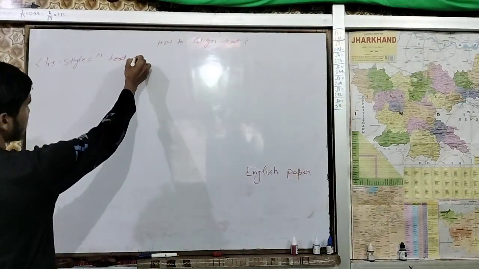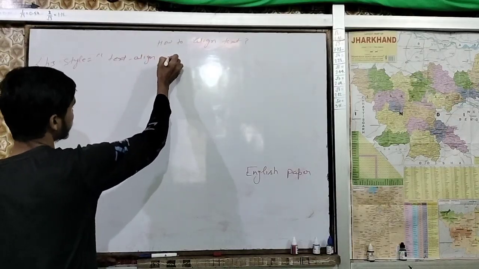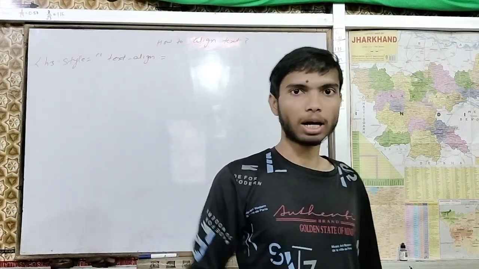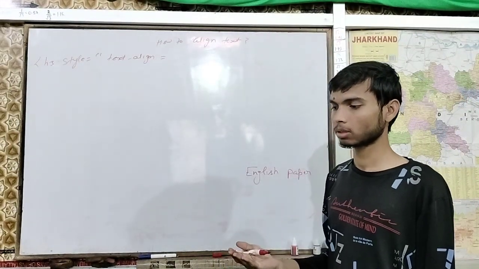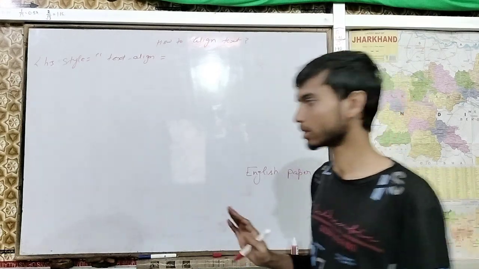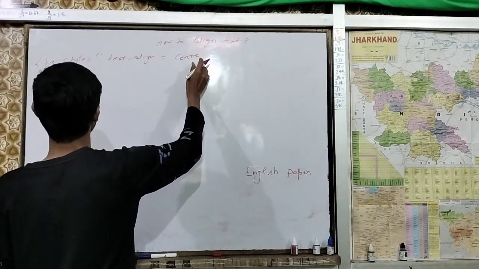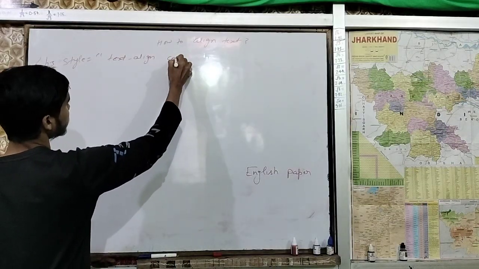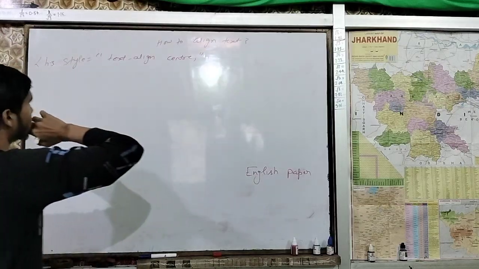So text-align is equal to. What should be the alignment for our text? Here we want center. So center, then a semicolon, then a double inverted comma.